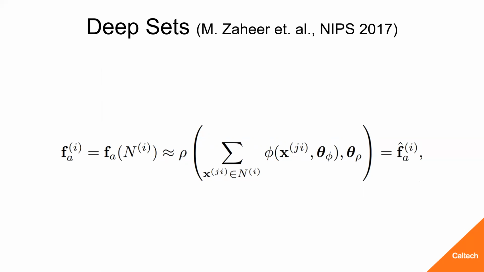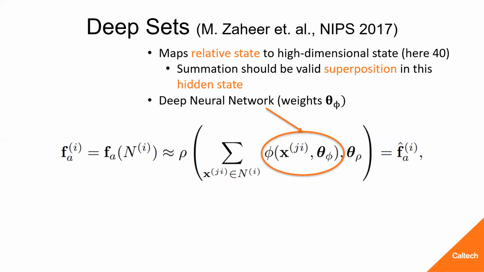And then we can try to approximate our residual force using a deep set. Just as a reminder, the idea is that we have 2 networks with separate weights. The inner network just has some sort of hidden state, and in our case, it's 40 dimensions.